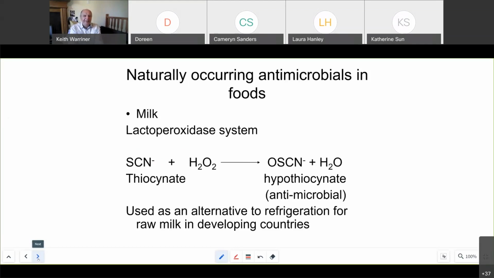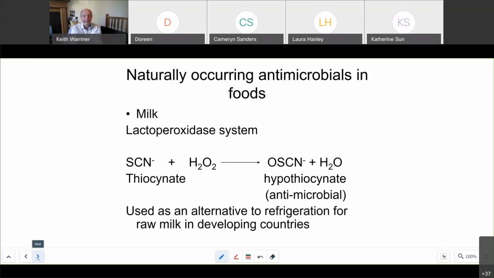Well, their argument is kind of blown out of the water a little bit, because they always talk about the lactoperoxidase system. The lactoperoxidase system is found in milk, and it produces hypothiocyanate, which is very antimicrobial. The problem is, what the raw milk people don't appreciate is that you need to add substrates in order for it to work.